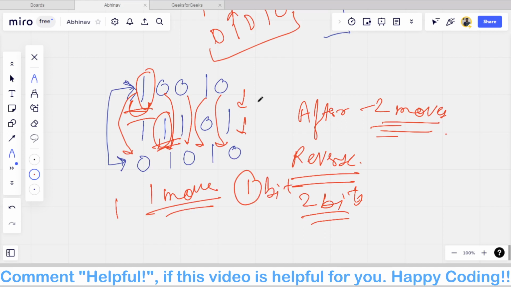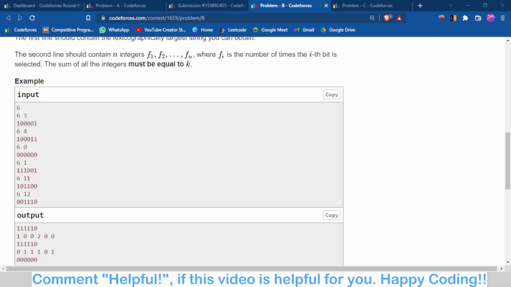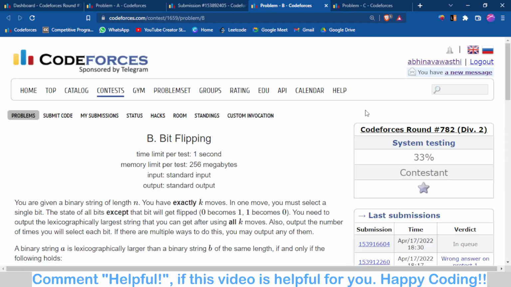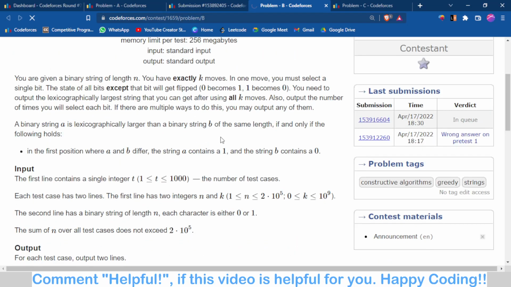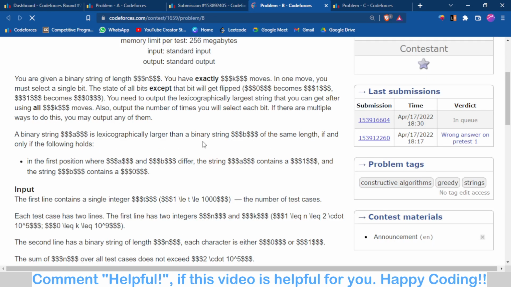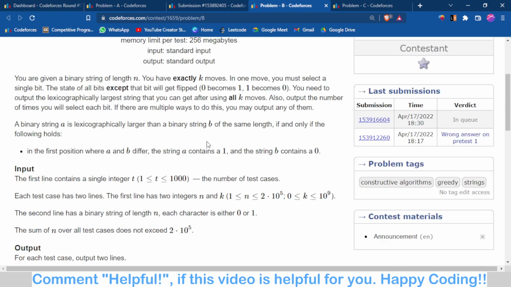After two moves, we can reverse the bits of two positions. I hope this is clear. This was the basic observation, the major observation which one has to think.